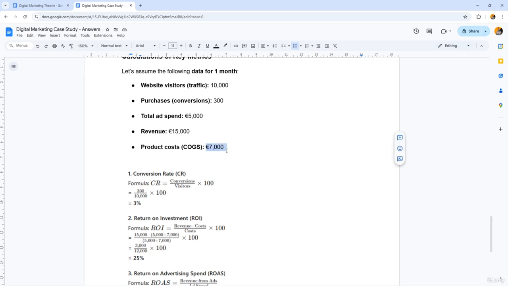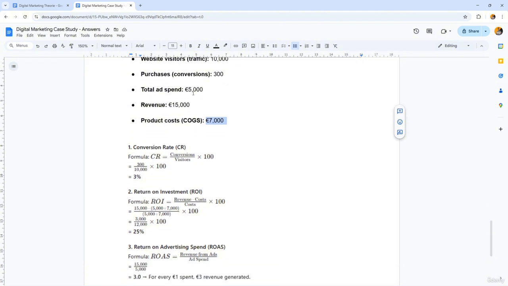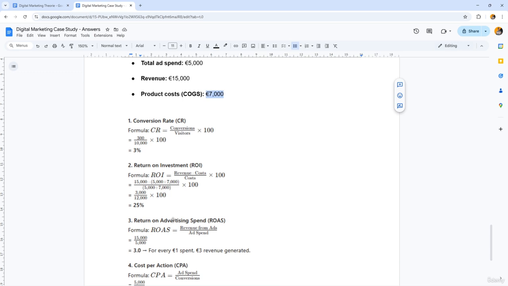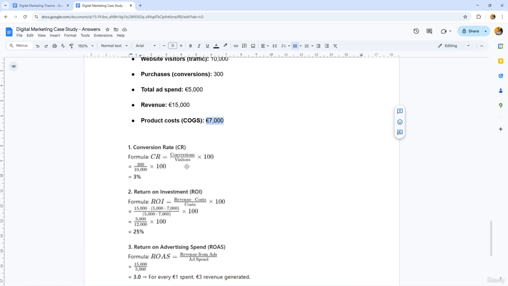So this would mean revenue, 15,000, minus the 12,000 costs for marketing, but also for products, divided by the costs. And then we have 3,000 divided by 12,000, which gives me 25%, which is in this case for the profit, not for the revenue.